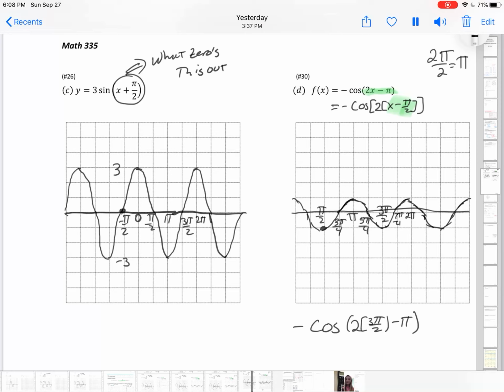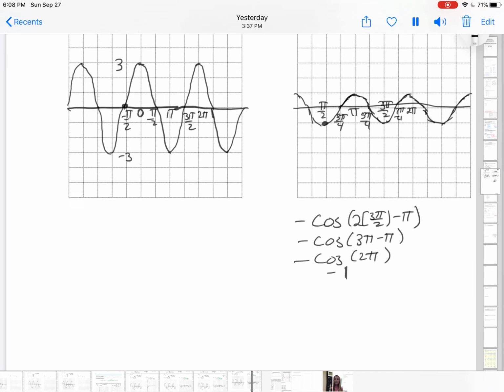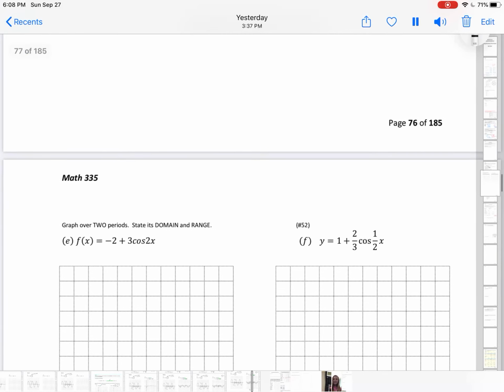We just go right back to the original. So that's minus cosine of 3 pi minus pi, or minus cosine of 2 pi. Now cosine of 2 pi is 1, and we got a -1 out of that. We're perfect. So just check that out and make sure it's okay. That's what I meant by checking out.